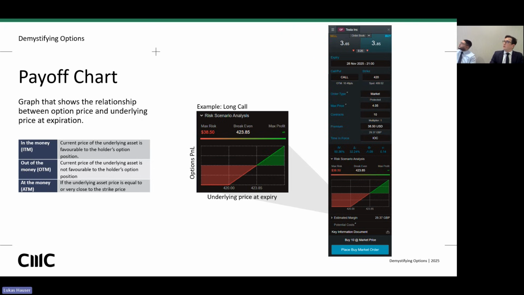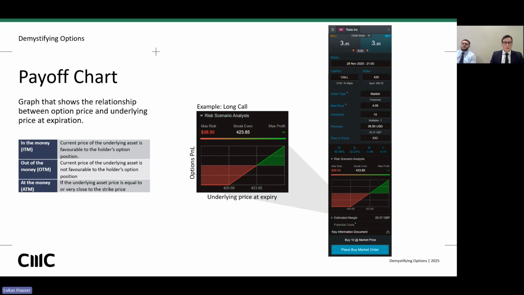And this is now the order ticket, which you see before an order is executed. So these are indicative levels, and what the actual break-even will be is decided once the order is filled and you see the execution price and the actual premium that you need to pay.